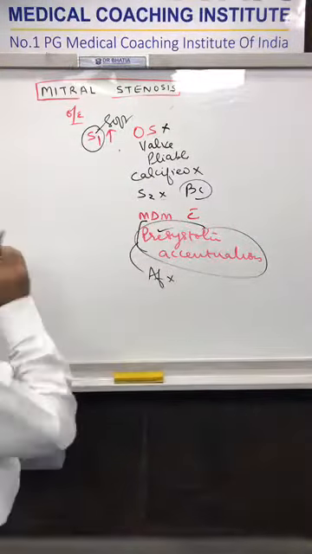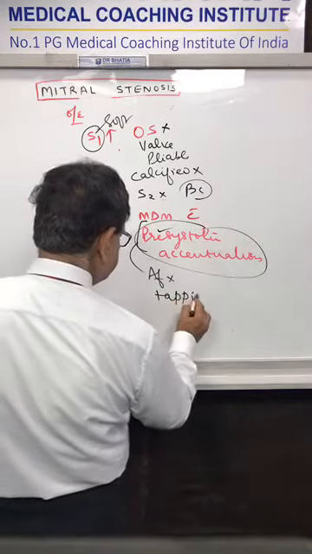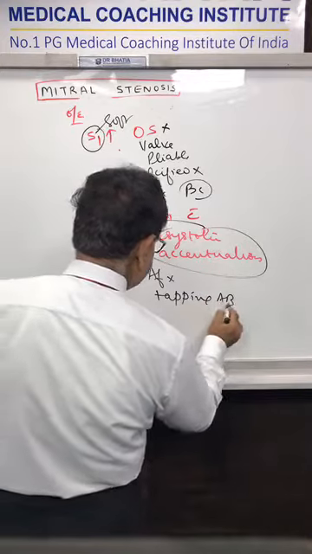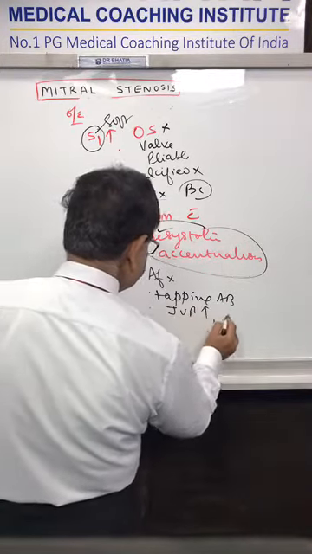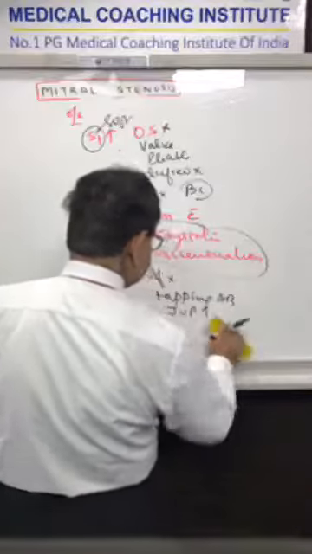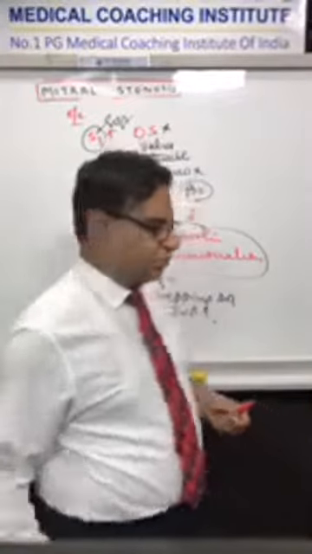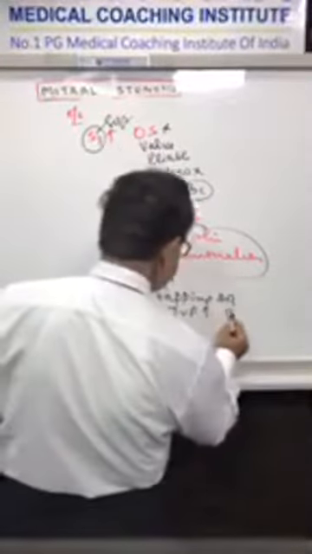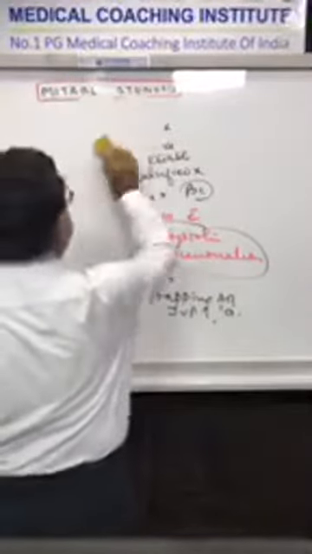Now you get a tapping apex beat. JVP is usually raised, but this is secondary to pulmonary arterial hypertension. So you may start getting a prominent A wave in JVP. What else do you get?